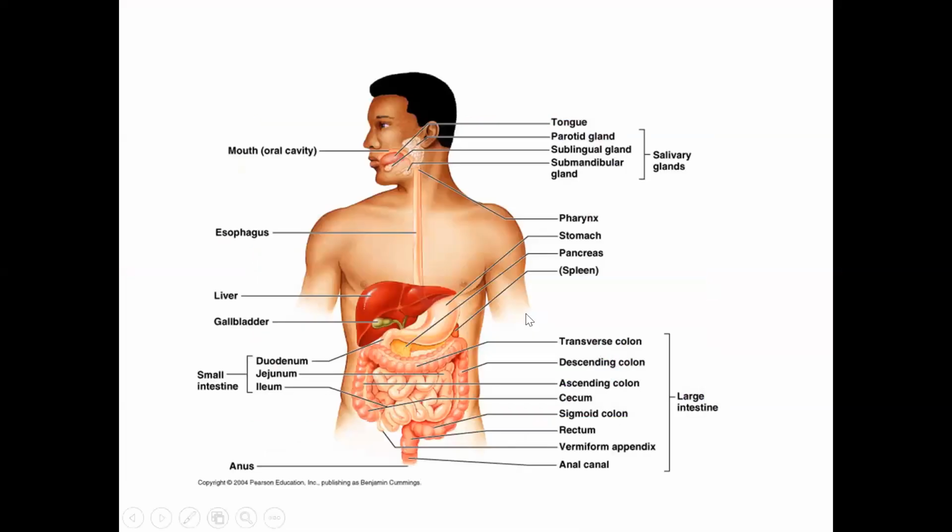If you look at this part of the GI tract, the esophagus, most of the esophagus is inside the thoracic cavity. Remember, I mentioned only the very last inch of the esophagus penetrates the diaphragm and connects to the stomach.